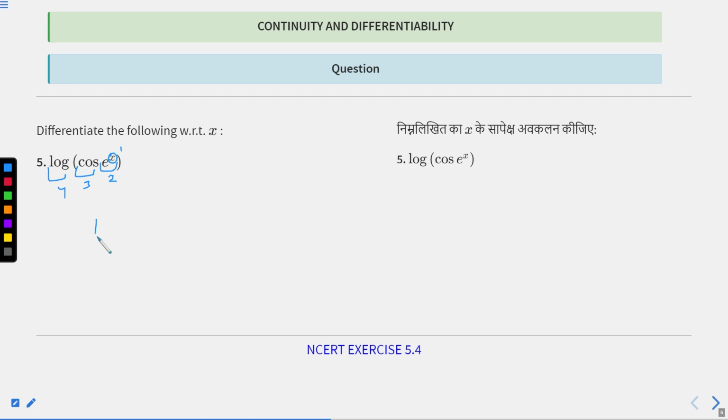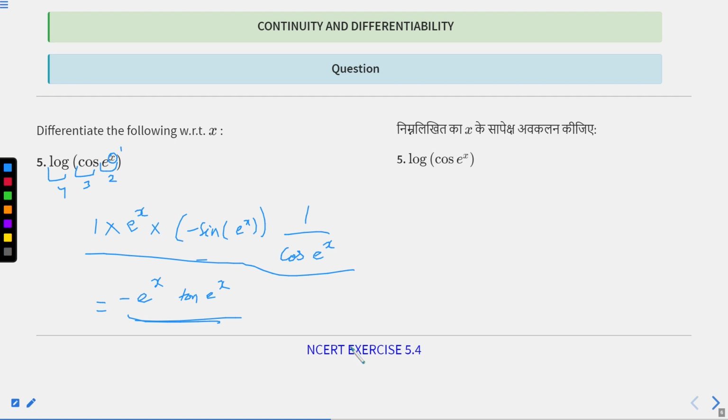For 1 it will be 1, for e^x it will be e^x, for cos it will be minus sine of whatever is inside, and for log it will be 1 upon whatever is inside, cos of e^x. So you will get e^x times minus tan e^x. You will get this as your answer, or you can leave your answer in this form also.